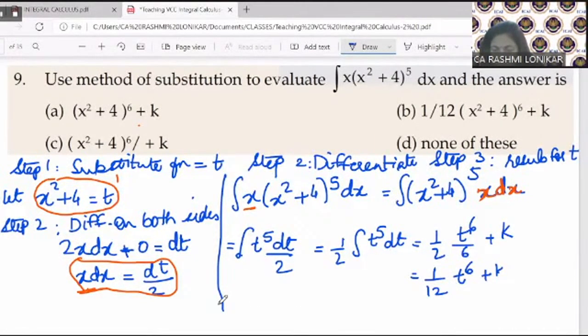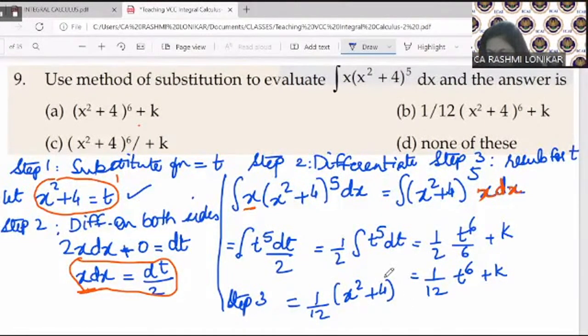Now we will do step 3. We will resubstitute for t. So this is equal to 1 upon 12. What is t? t is x square plus 4, plus k. x square plus 4 raised to how much? 6. Let me write it down a little neatly.